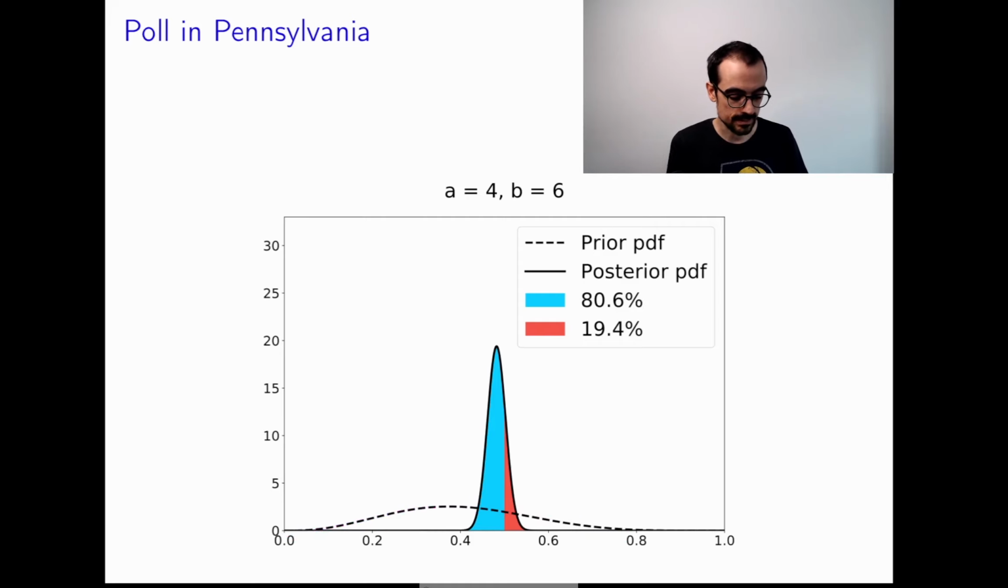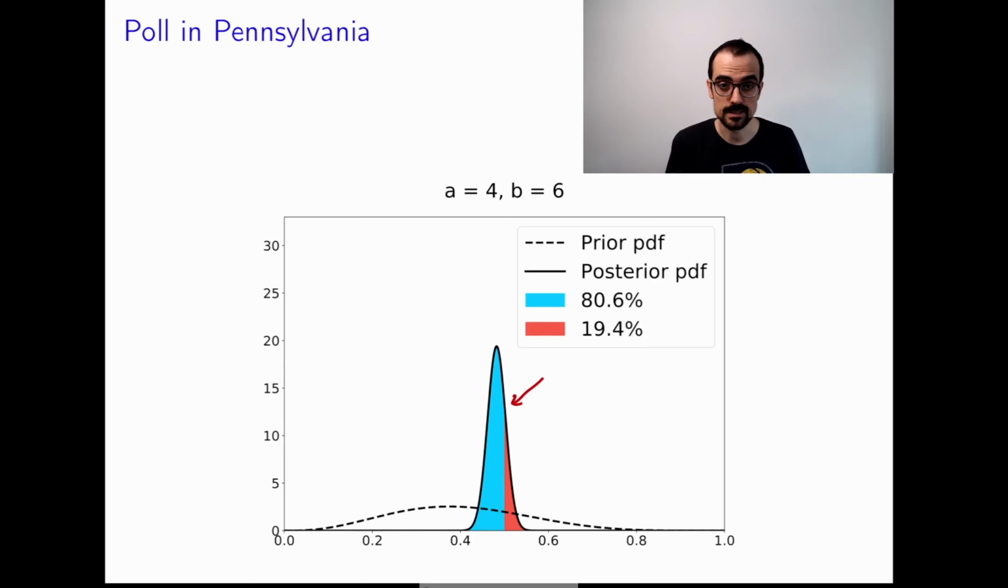If we do that, then we end up with this. The posterior distribution is given by this peak. Just to be clear, it's this solid line. This is what we get when we update the parameters of the beta. It's much more peaked because we have a decent amount of data. Again, assuming that the data is uniformly distributed in all of Pennsylvania, which is a strong assumption, but still, it becomes much more peaked.